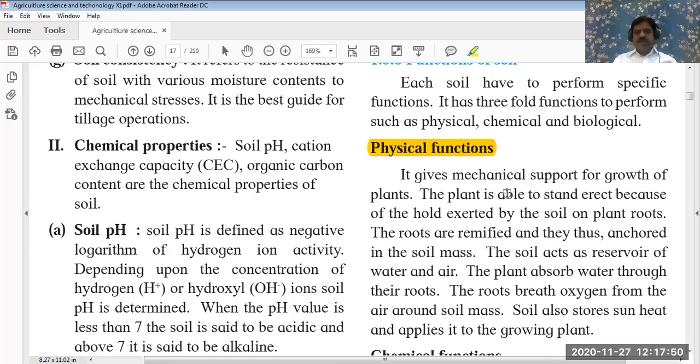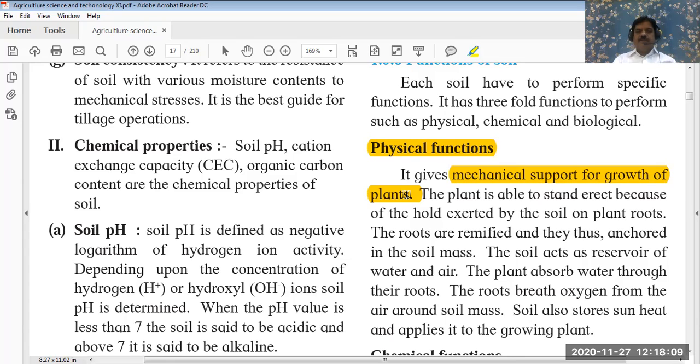Now in these physical functions the most important function is that it gives mechanical support for growth of the plant. Soil gives mechanical support. Mechanical support means what?